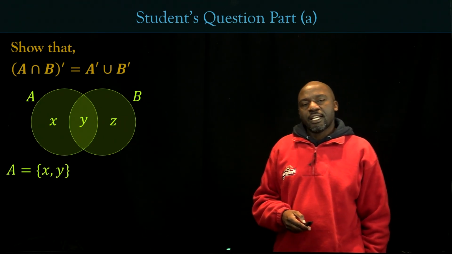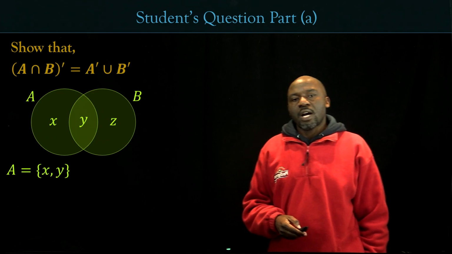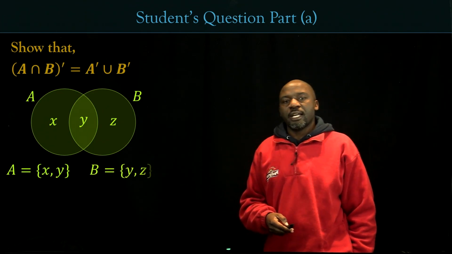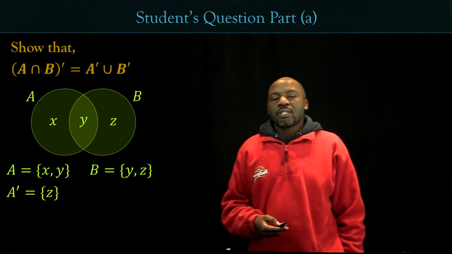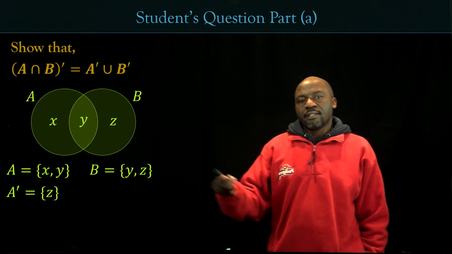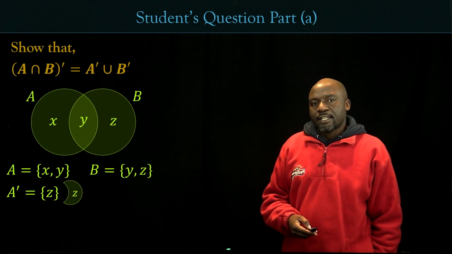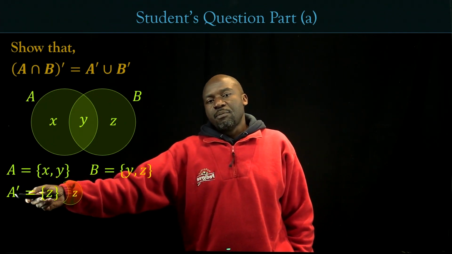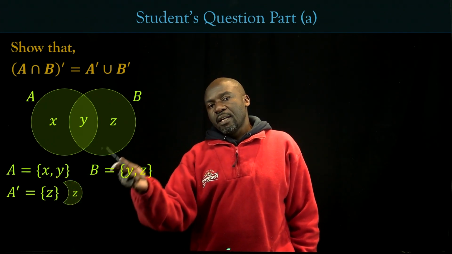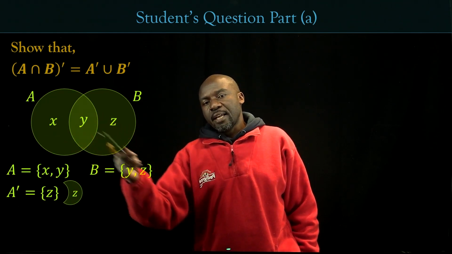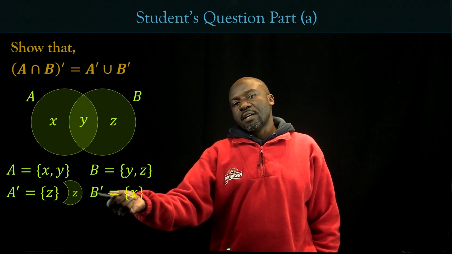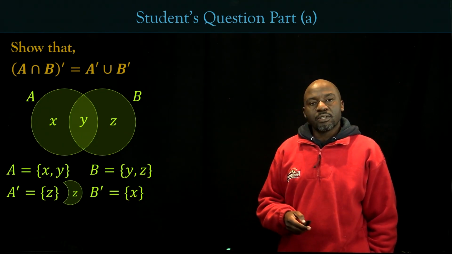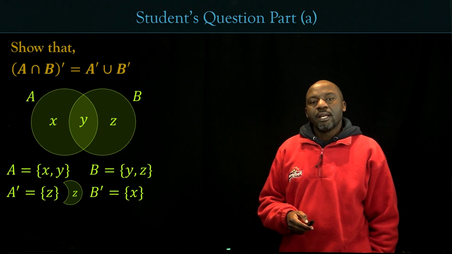So set A contains X and Y as the elements. Set B contains the elements Y and Z. The set in B but outside A contains Z. The next one is the set in A but outside of B, that contains the element X.